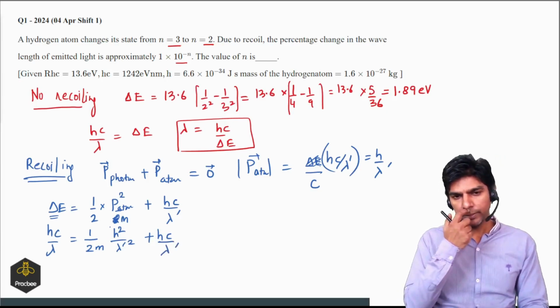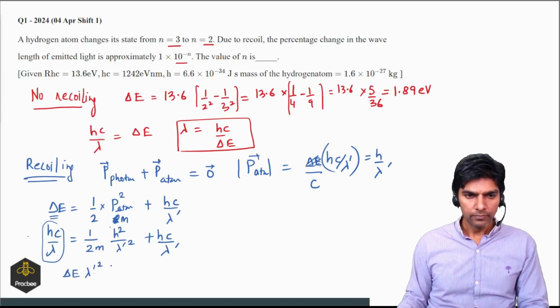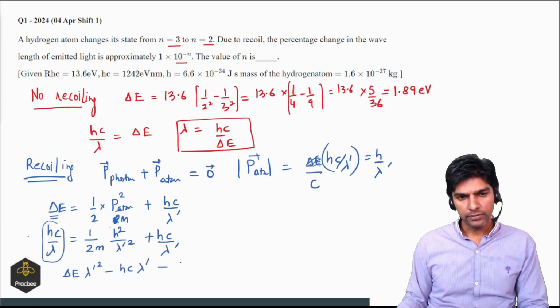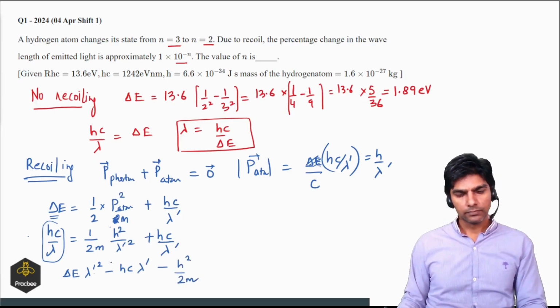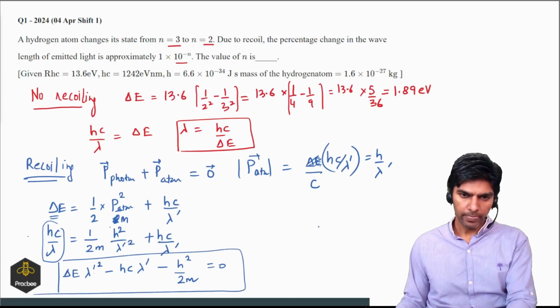Now if I multiply, okay, so here we have delta E, no? Let me keep it as delta E only. So delta E times lambda prime square, then minus hc times lambda prime, minus h square by 2m equals to 0. Now we got a quadratic in lambda prime. Now we have to solve this quadratic.